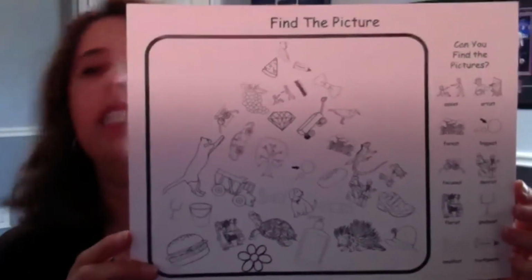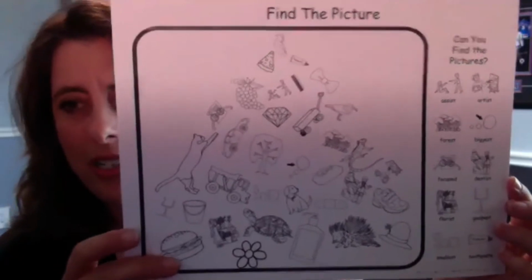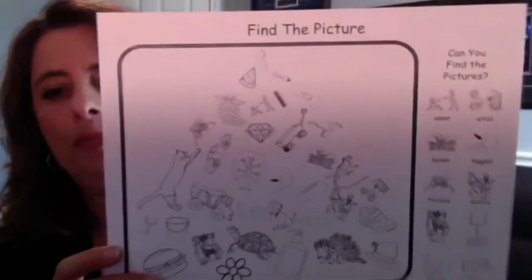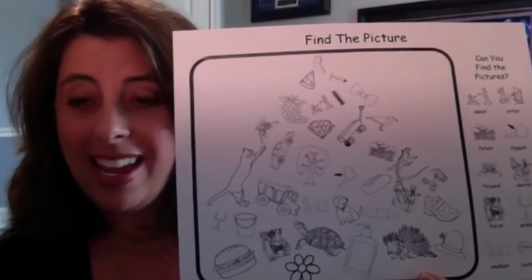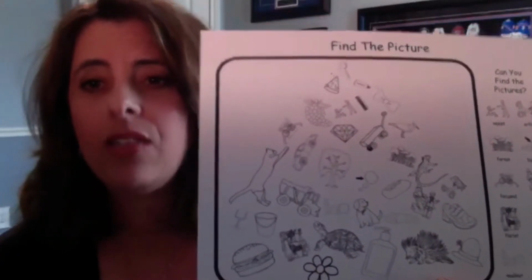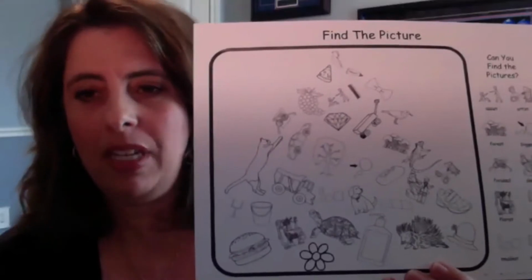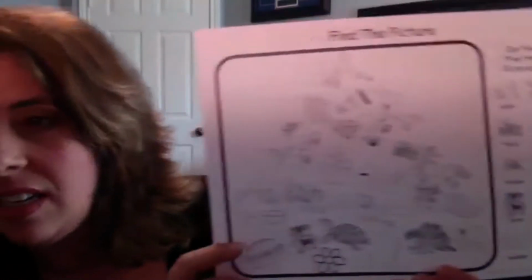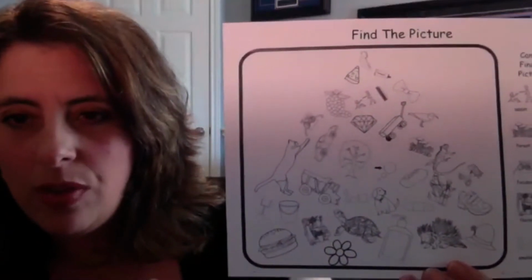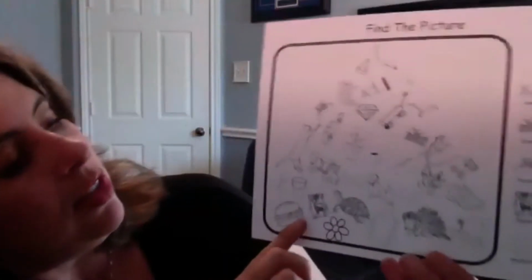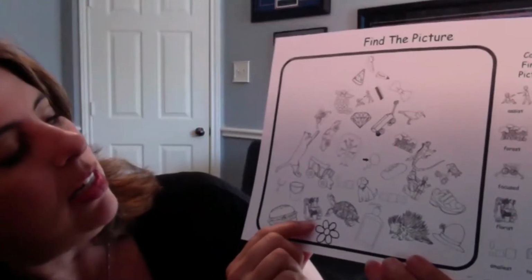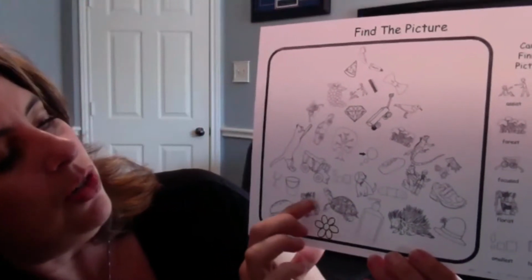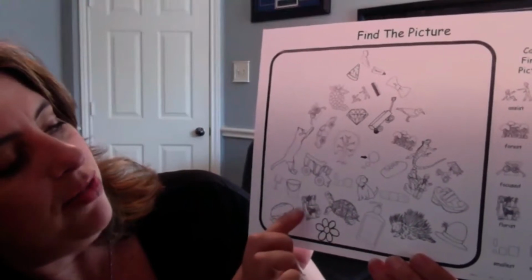I was using it today with my friends for articulation, but we were also using it for positional words, so they had to tell me where it was. My kiddos with phonological issues had to tell me the florist was next to the turtle, above the flower.